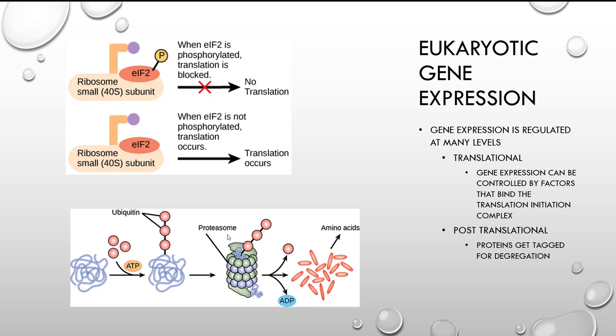So a proteasome is going to come along and destroy it and break it down back to its amino acids. So we do have a gene expression level that could cause it to get tagged for degradation. Those are the different levels of gene expression for eukaryotic cells. There's quite a few of them.